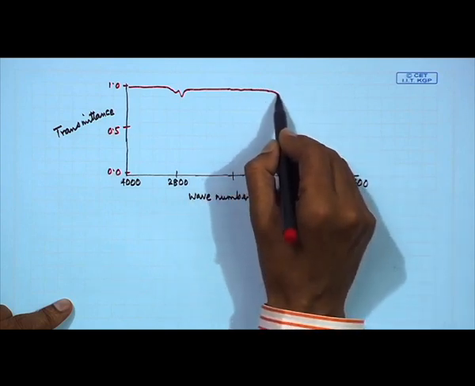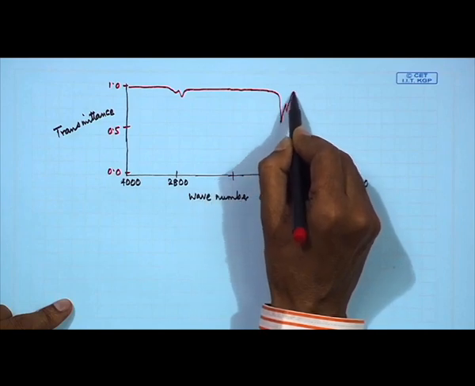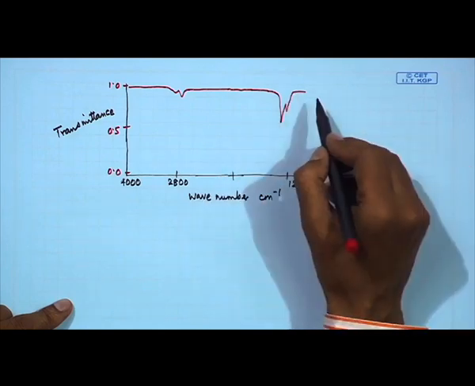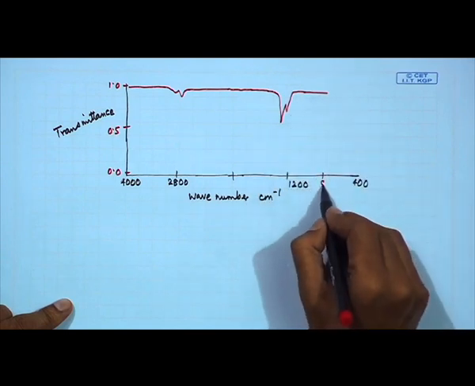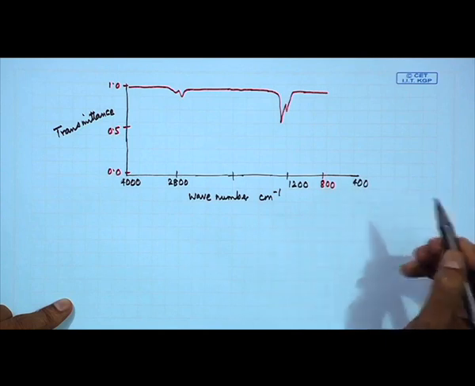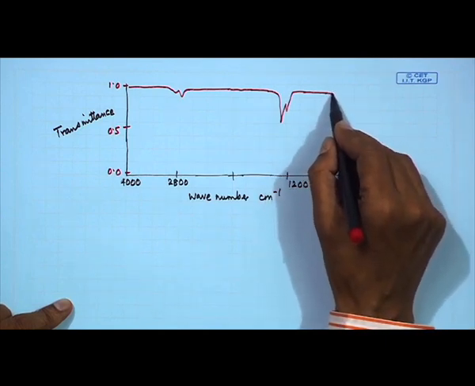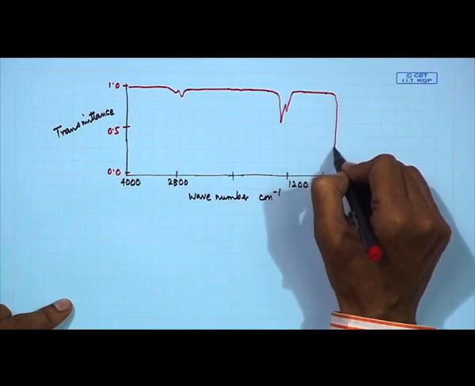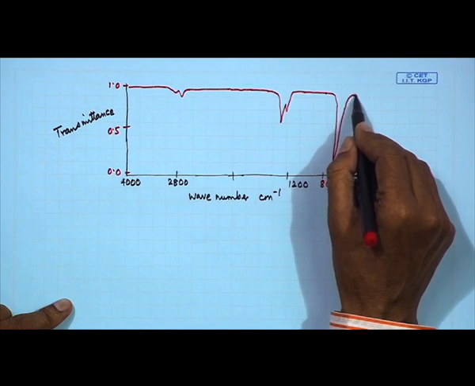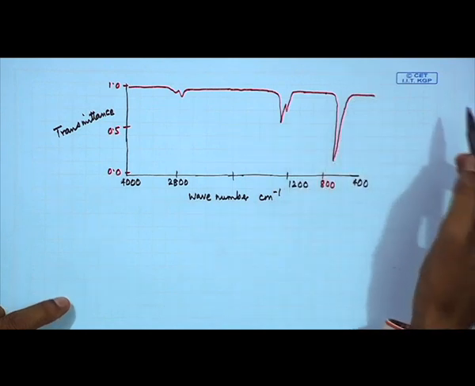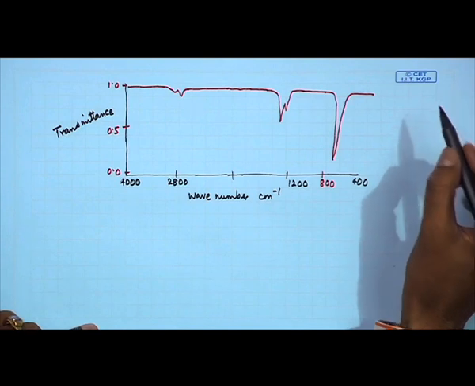At this point we will have a peak like this, and then beyond 800, we should know, we will have this very sharp dip over here, and this is the thing. So, it is a very simple one also. So, we get the corresponding spectrum.